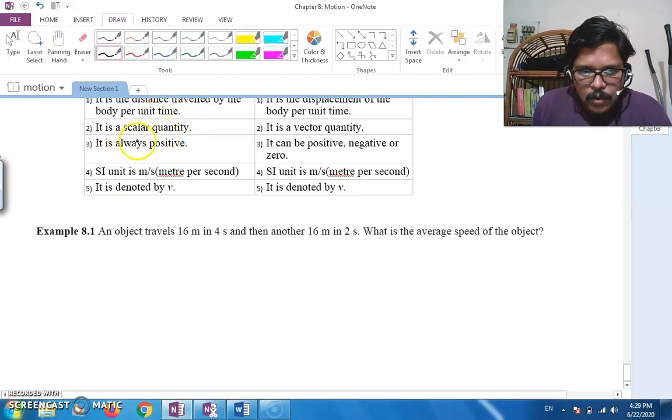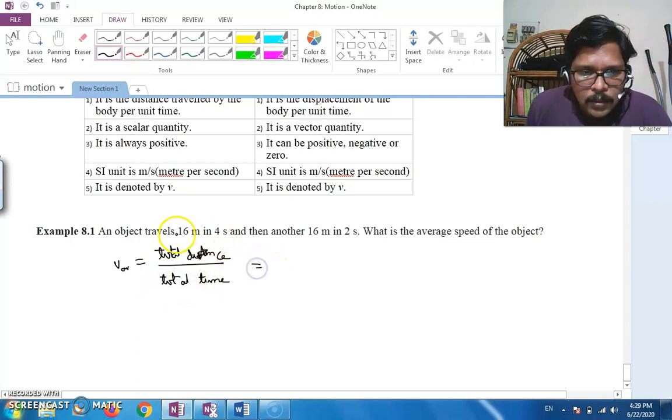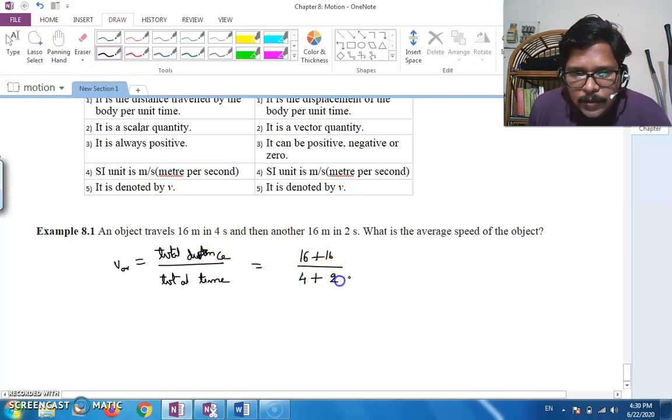We have this formula, average speed V average is equal to total distance traveled by total time taken. Here total distance is 16 meters plus another 16 meters, and the first 16 meters is completed in 4 seconds, and the next 16 meters is completed in 2 seconds.